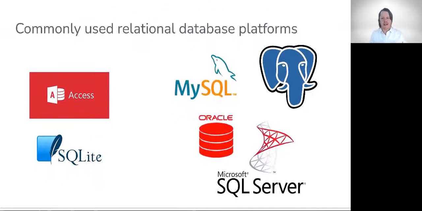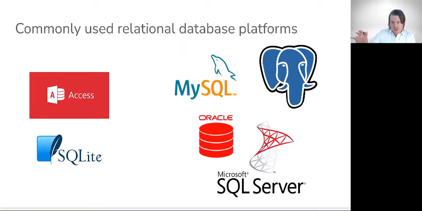So before we continue on, let's just briefly acknowledge some of the commonly used relational database platforms. On the left-hand side, I have small scale things that don't necessarily scale up to a production level of interactivity. So think single user or a few users, not a lot of records that would be accessed, and maybe even a step down in terms of that would be SQLite.